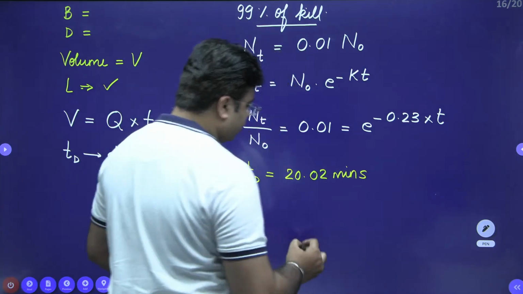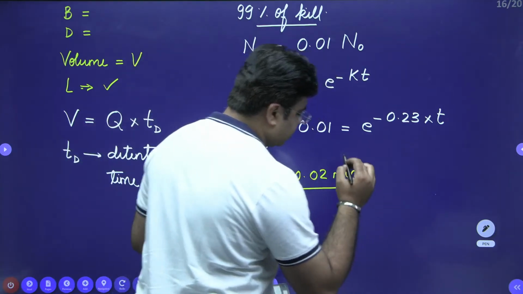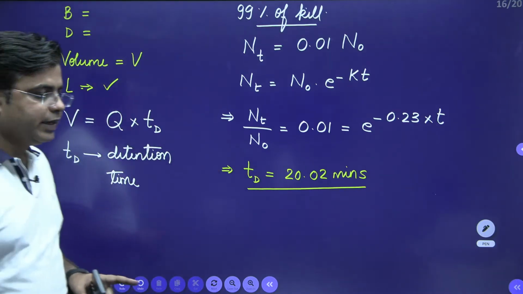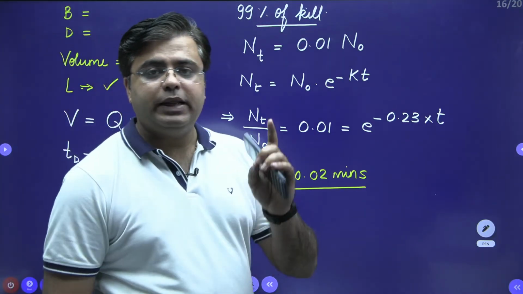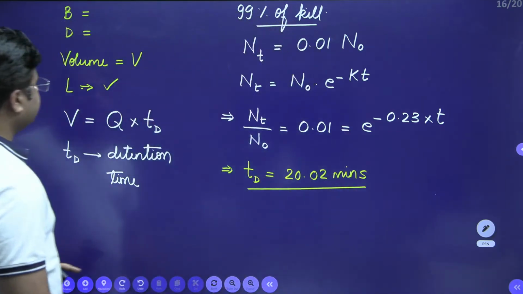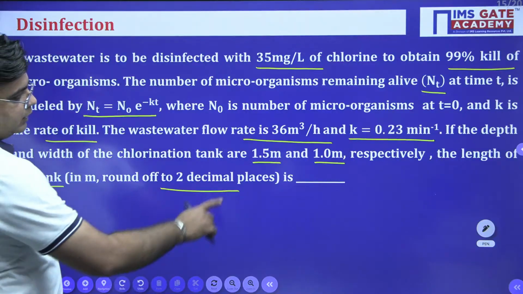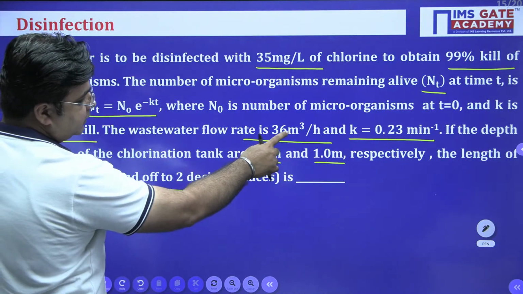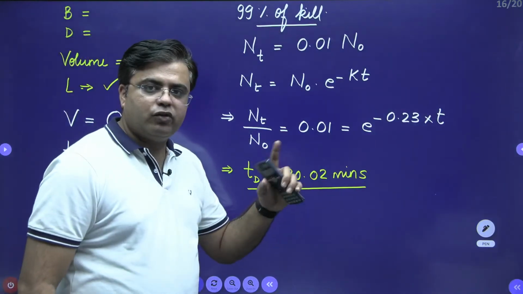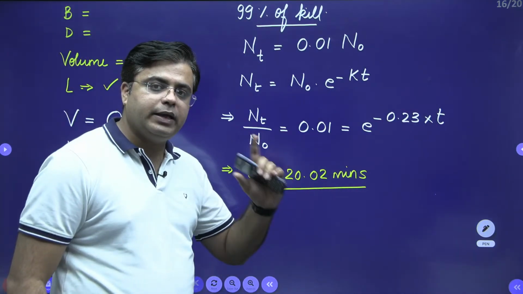Now that we know the detention time, we can calculate the volume of the tank. The only thing is, please keep a check on the units. Discharge is given as 36 meter cube per hour, so the detention time should also be in hours.